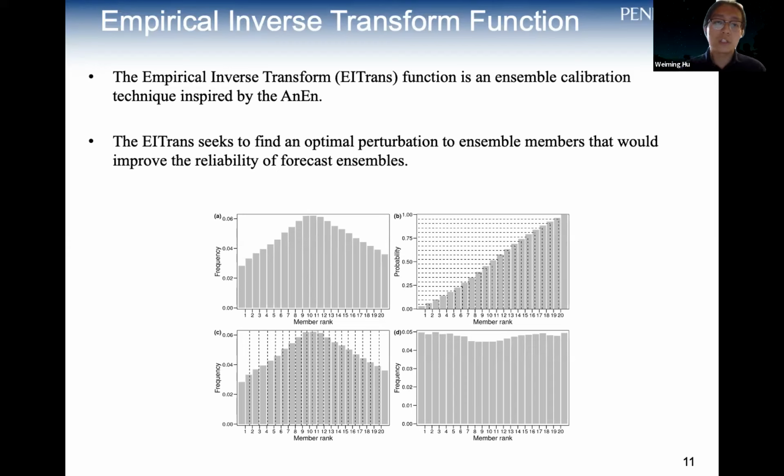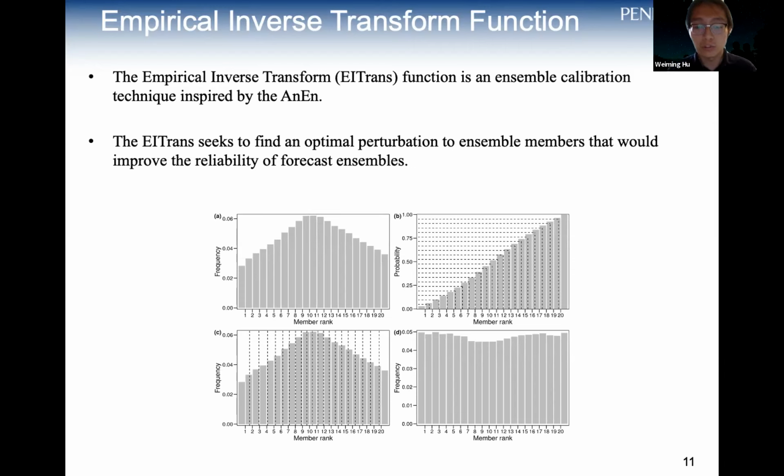So if we want to achieve statistical consistency between the forecasted distribution and the observed distribution, we would like to calibrate the rank histogram so that it appears flat. And that equals equally sampling from the vertical axis of figure B. So basically from 0 to 1, you want the rank histogram to be flat with 20 members.